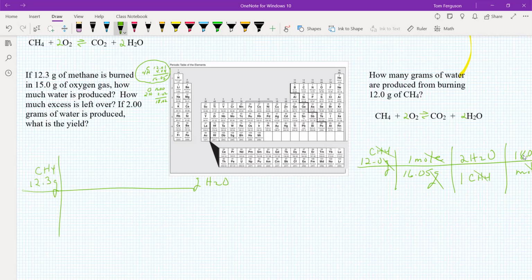So to grind it out, first step is always convert to moles. And then we do the ratio from the balanced equation.